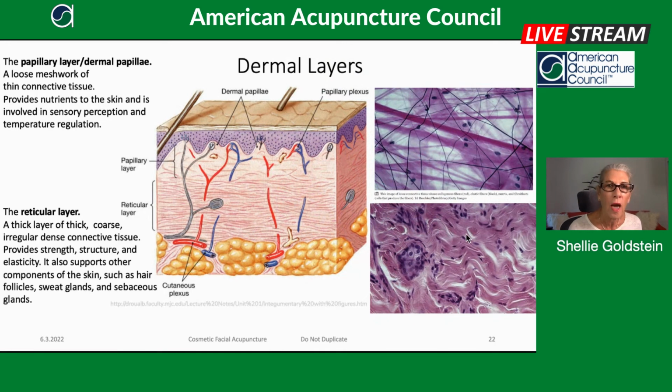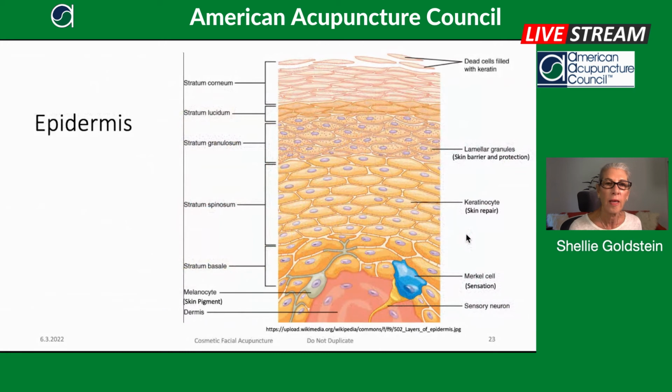And then on top of that area is the epidermis. Remembering the epidermis is that very surface layer of the skin. It's made up of a number of different layers, 7 different layers. On the very top are dead cells. They're filled with keratin. It's what we slough off when we exfoliate our skin.